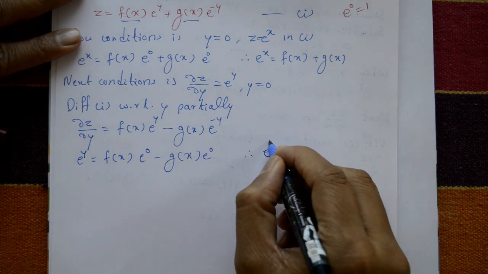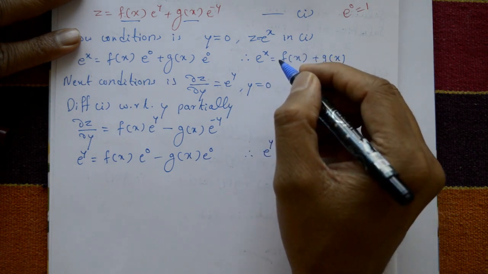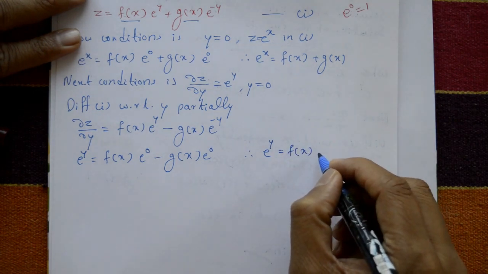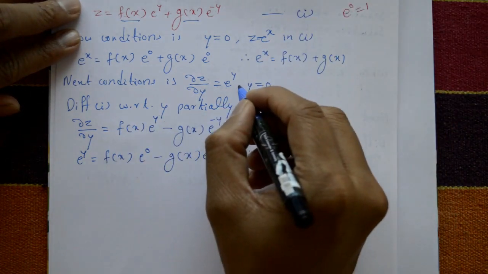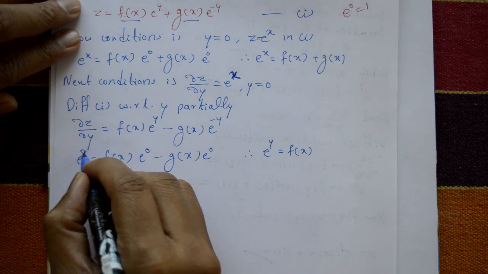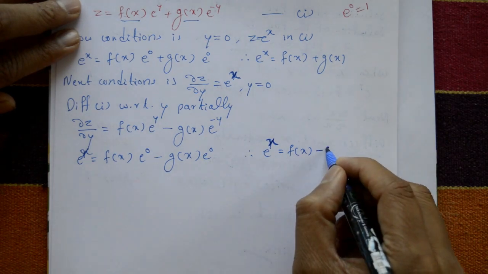Therefore e^(-x) = f(x) - g(x). Sorry, I need to make a correction: the condition is ∂z/∂y = e^(-x), not e^x.